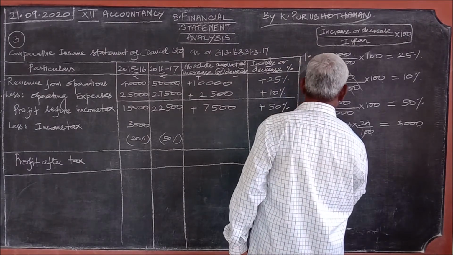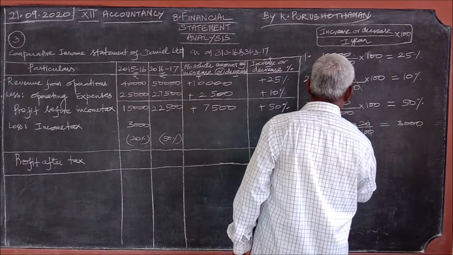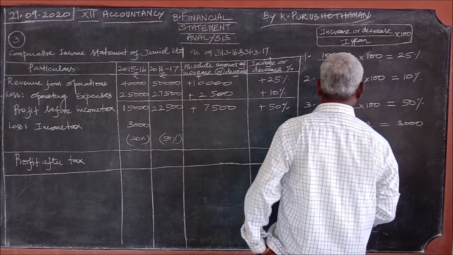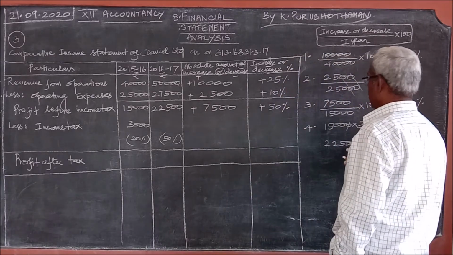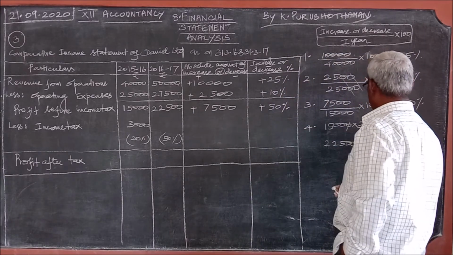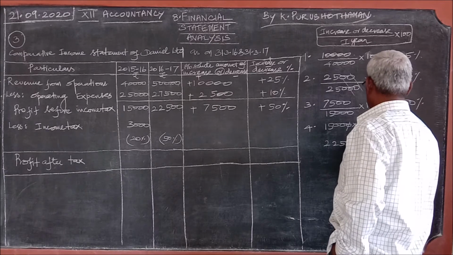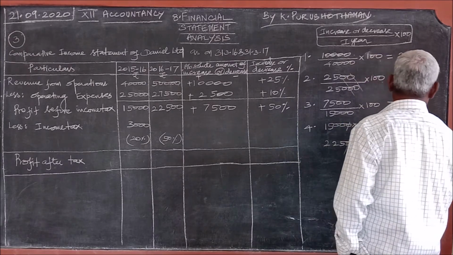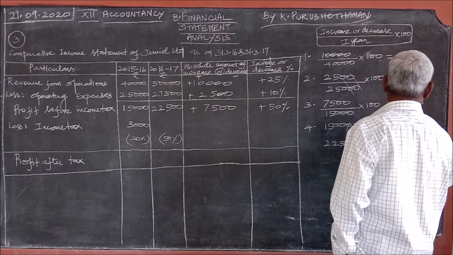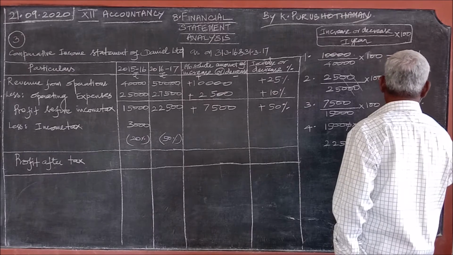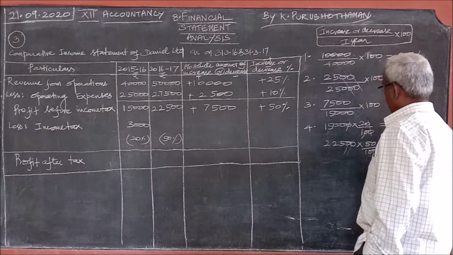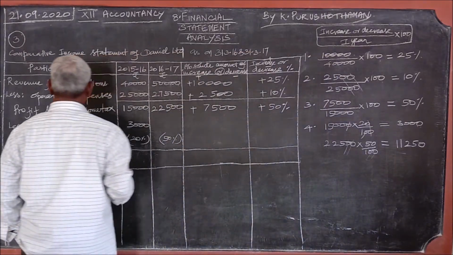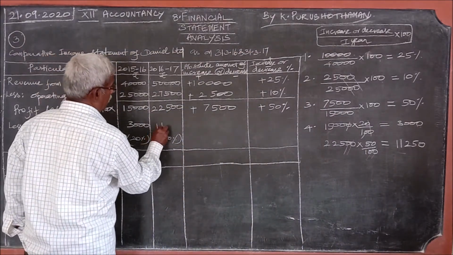So for 22,500, 50%, 5 by 100. Listen carefully to this. For 22,500 at the rate of 50%, multiply this, 11,250. Second year income tax 11,250.